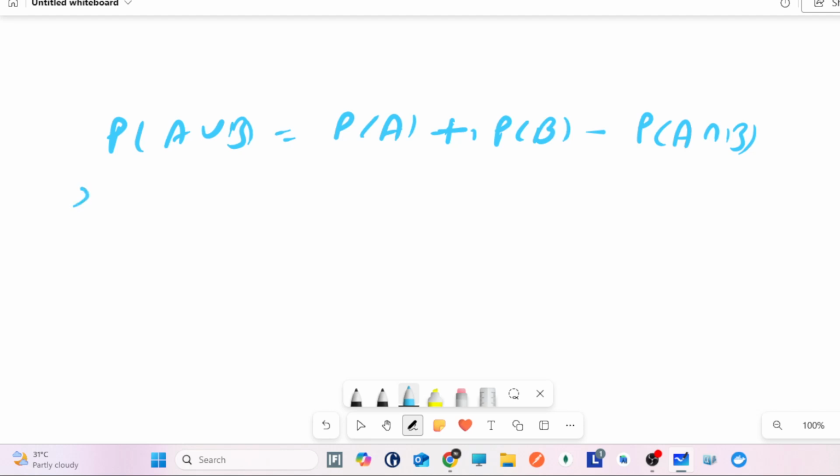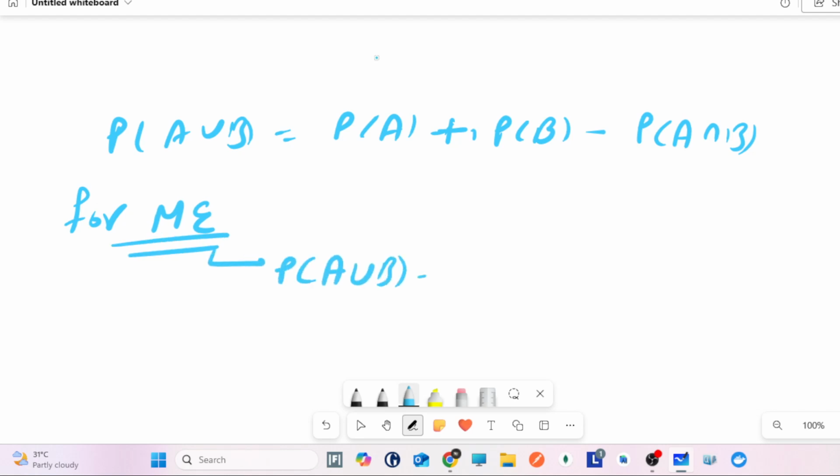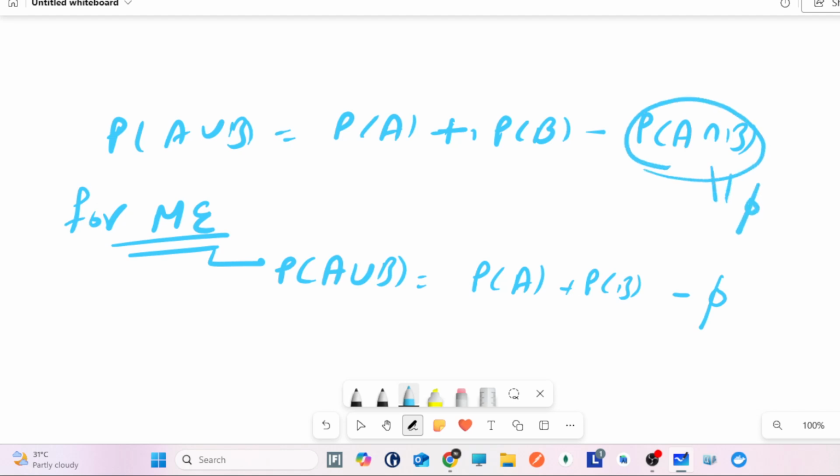So let's write: for mutually exclusive events, P(A union B) is probability of A plus probability of B minus phi, because in mutually exclusive events the intersection is going to be phi. What is the Venn diagram here?